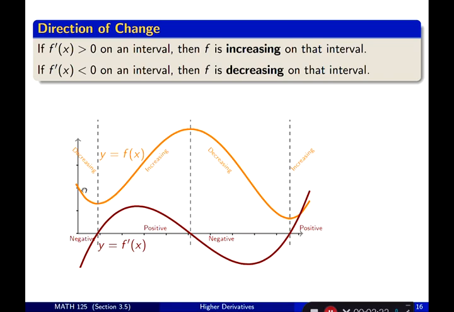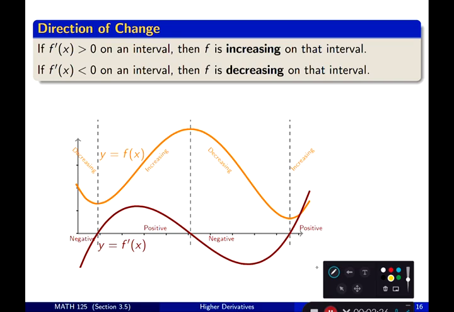Now, looking at this, when you're looking at function y equal to f of x, and it's increasing, let's say between these 2 points, it means that the derivative, this is f prime of x in dark red, and orange is the f of x.